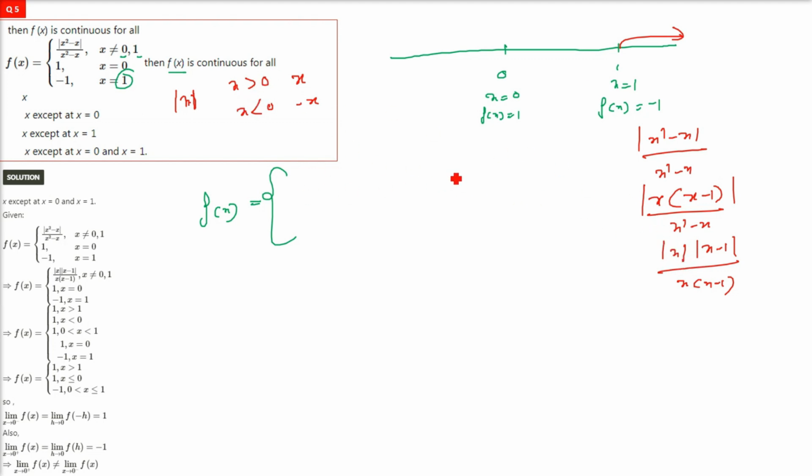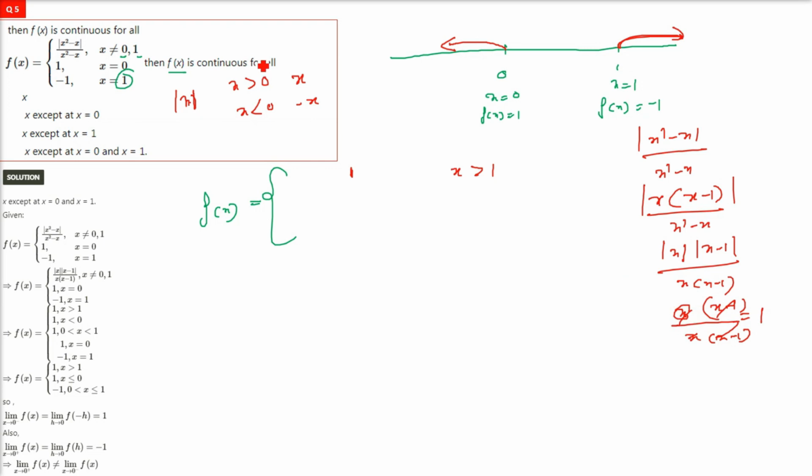But x minus 1 is also there. So when we are above x equals 1, x is positive and x minus 1 will be positive, because x decides negative or positive at 0, and x minus 1 decides it at x equals 1. So both are non-negative, that is positive. So both cancel and it will give you 1.